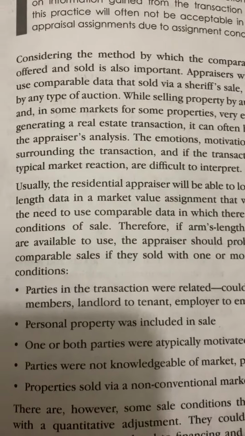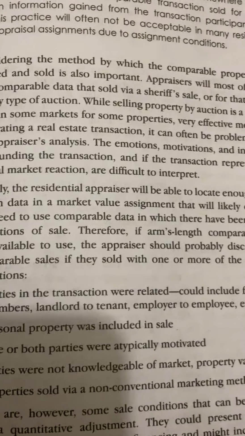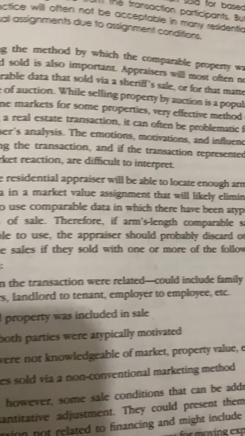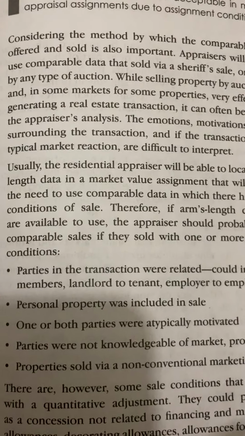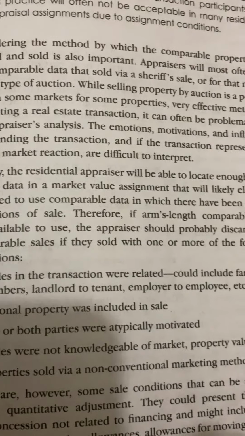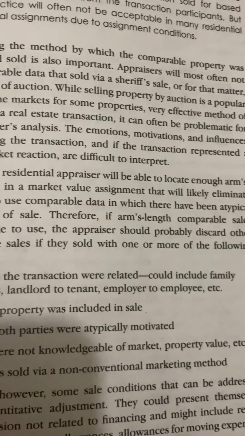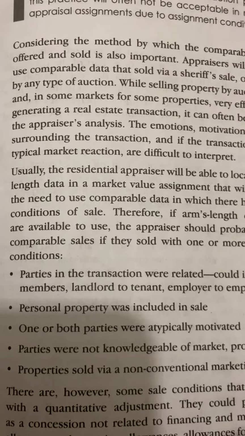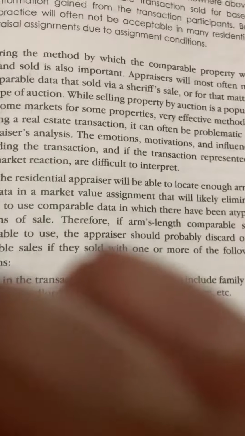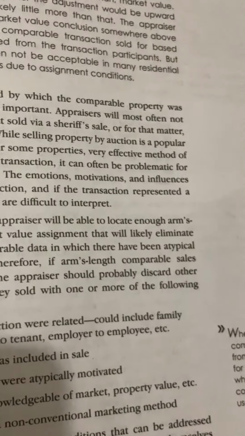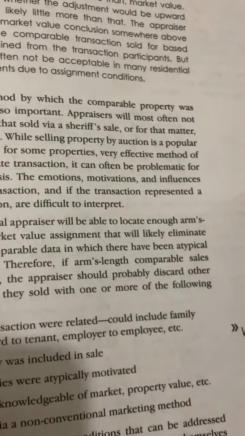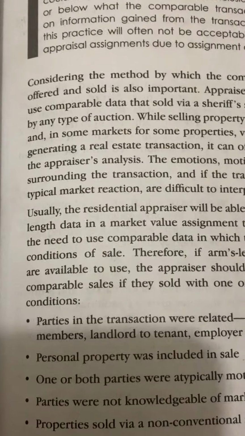interpret. Usually, the residential appraiser will be able to locate enough arm's length data in a market value assignment that will likely eliminate the need to use comparable data in which there have been atypical conditions of sale.